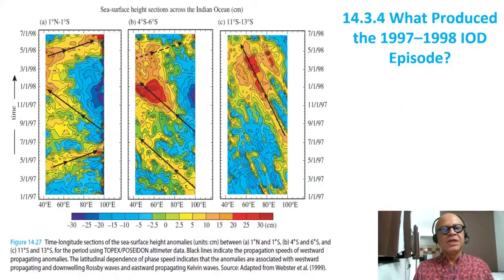So the book goes through some arguments about how the waves were also involved in the IOD of the 97-98 episode. So we are looking here again going from January to January of 97 into July of 98, and you can see these waves in the sea surface height anomalies, which typically are the best to track waves.